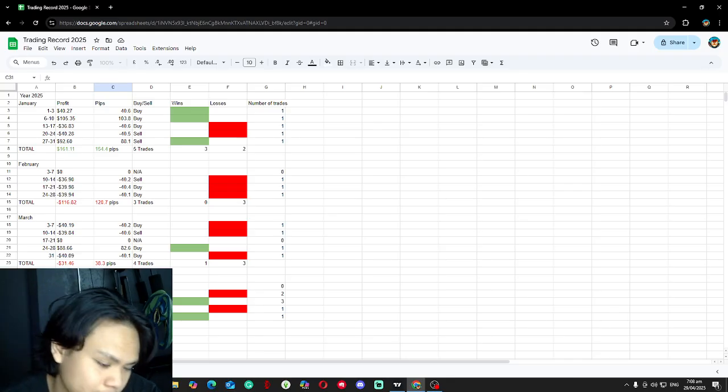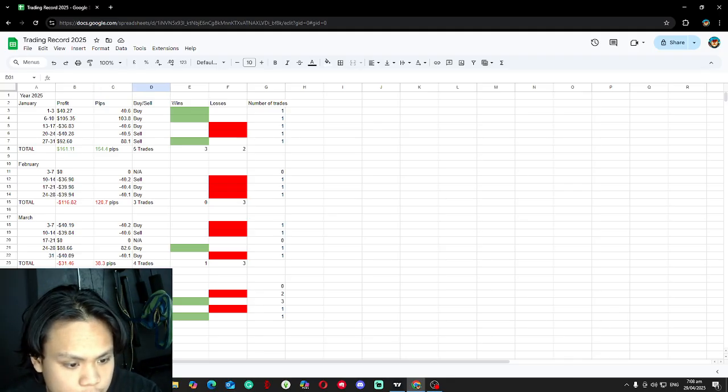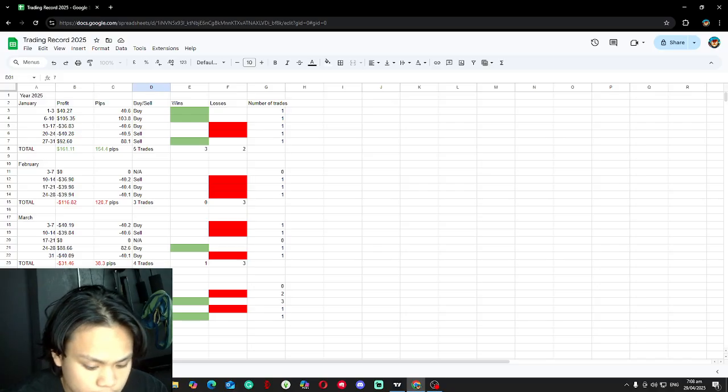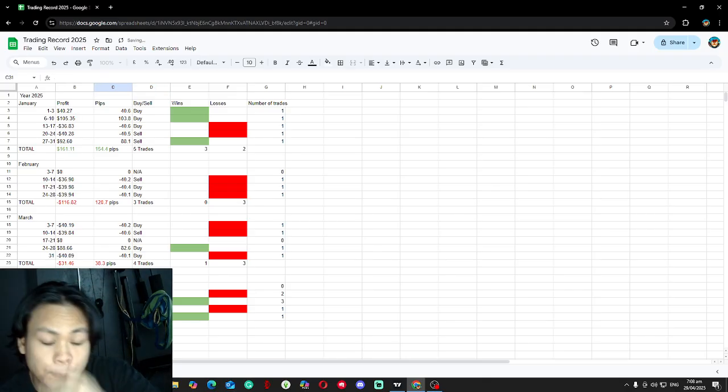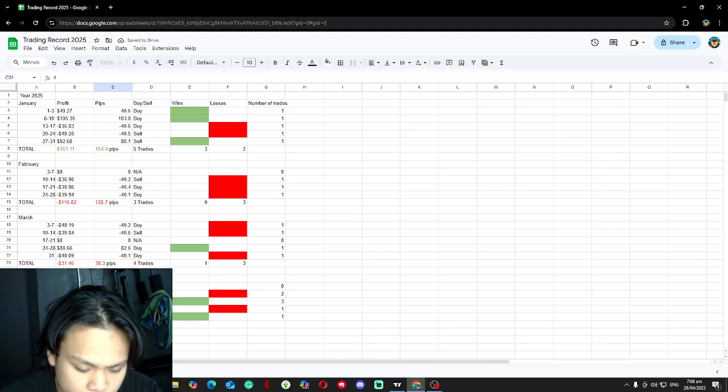Damn, I have to calculate this too. Then I have 1, 2, 3, 4, 5, 6, 7 trades. Wow, that's a lot of trades. 7 trades. So 17.9, that's like 80 pips. Let's just put 80 pips.